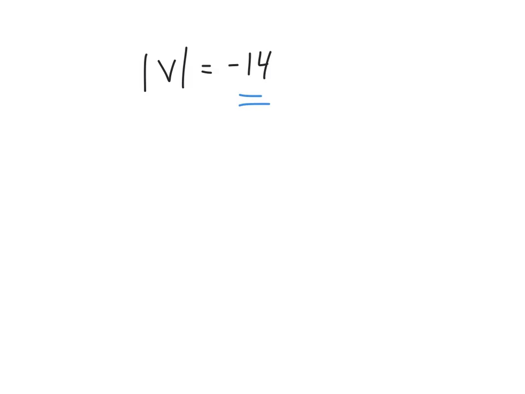Turns out it's impossible to take the absolute value of any number and end up with the result of negative 14. That's because when we measure absolute values, remember we're measuring distance from the origin, and that's always a positive value. So in this case, there are no solutions to this equation. In other words, v is an element of the empty set.